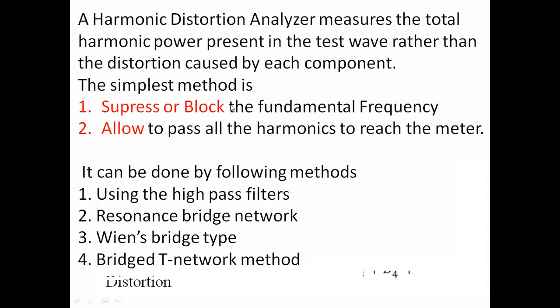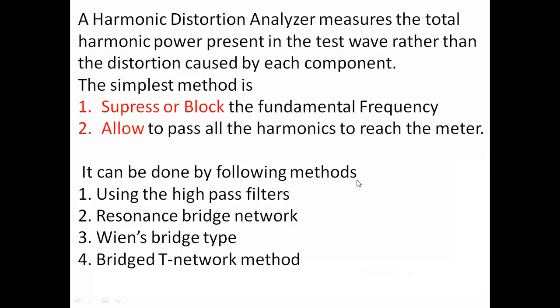So this is the procedure to measure the total harmonic distortion using harmonic distortion analyzers, which you can simply call a distortion analyzer also. It can be done by four methods.